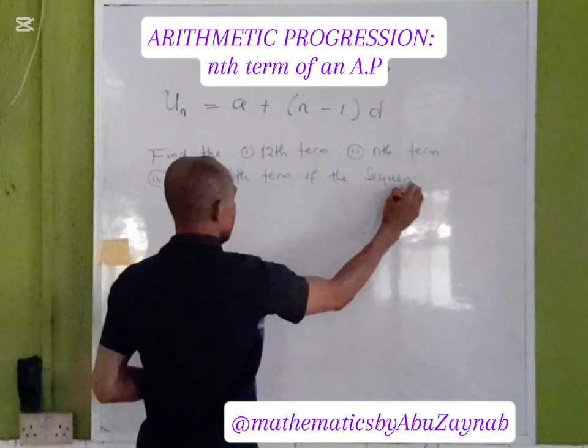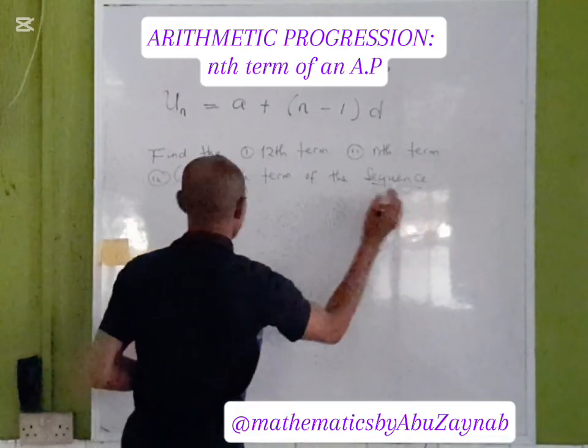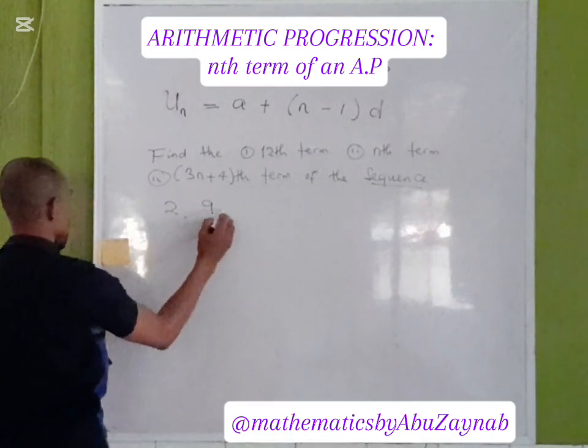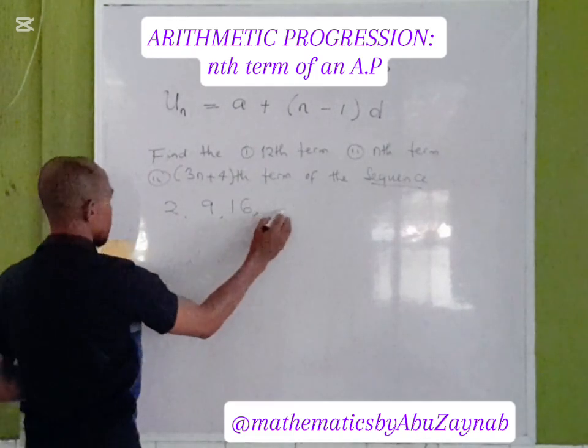Recall, it's not every time you'll be told what the sequence is, so you need to detect it by yourself. The sequence is given as 2, 9, 16, and so on and so forth.